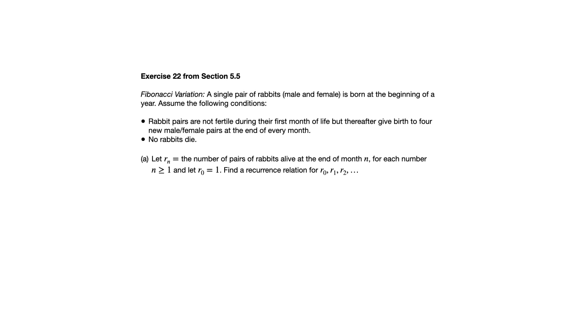Part A of this exercise says let R sub n equal the number of rabbit pairs alive at the end of each month n for each number n greater than or equal to 1, and let R sub 0 equal 1. So that R sub 0 equaling 1 just means that at the very beginning of the year, which we can think of as the end of the 0th month, which doesn't really make sense, but fits in, where at the end of the first month, the end of January would be R sub 1, end of February would be R sub 2.